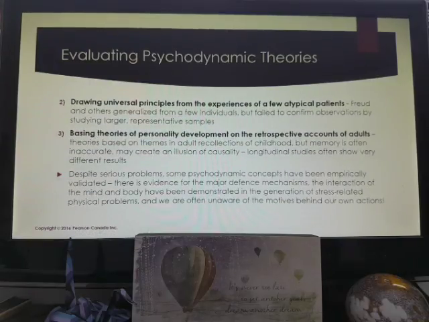The second failing is that the psychodynamic theories draw universal principles from the experience of a few atypical patients. So, for example, Freud and others generalized from a few individuals, but they failed to confirm observations by studying larger and representative samples. They would find a trend in maybe three or four people, and then they would assume that that trend exists globally.